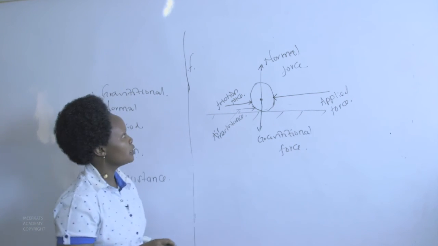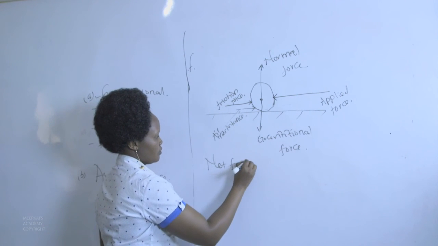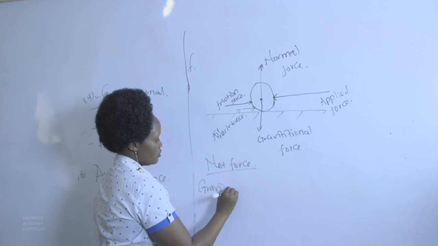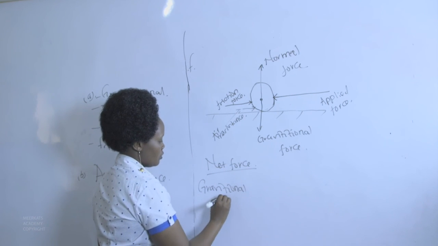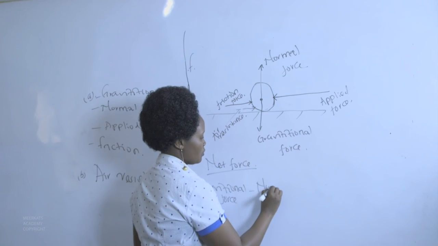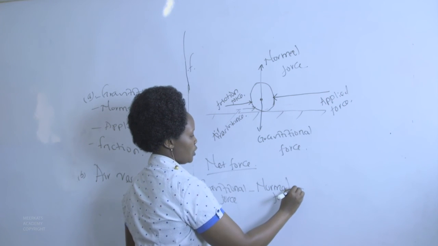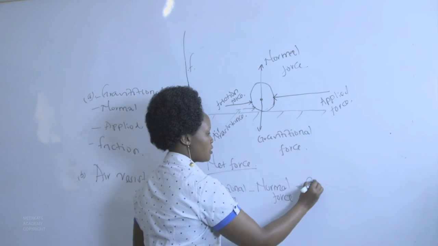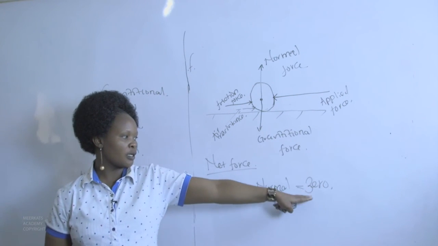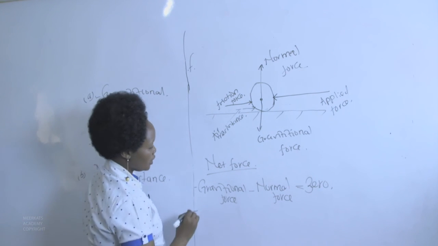So when you come to the net force, again, gravitational force, you subtract the normal, you get a balance there. That is a balance of forces. The net is 0.